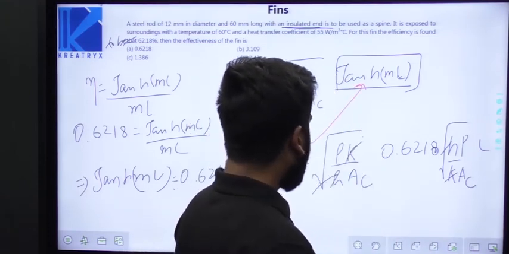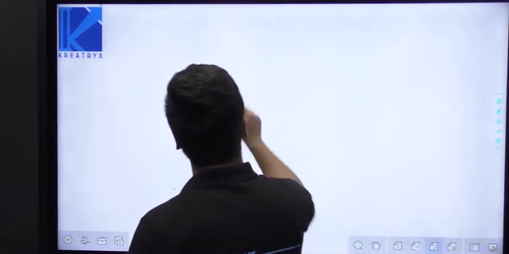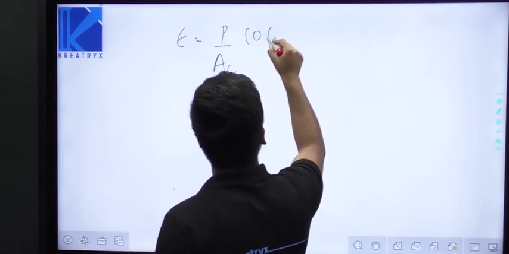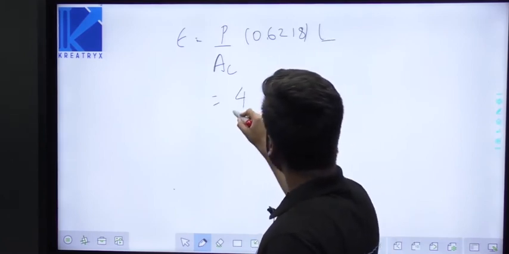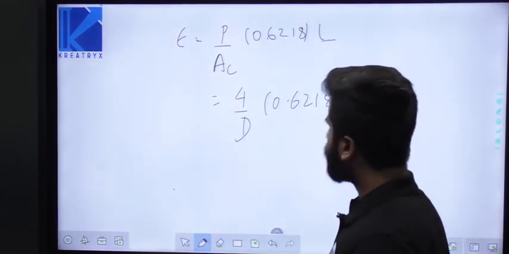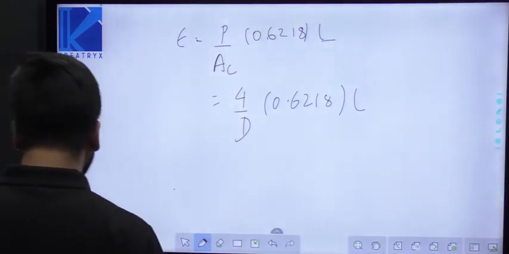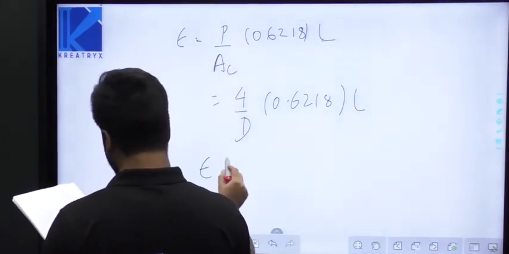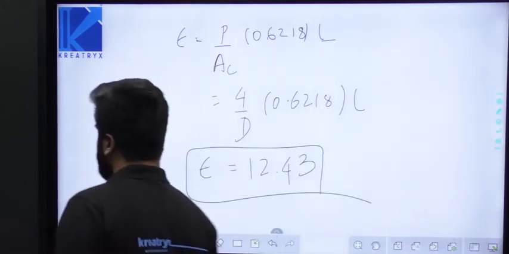It will be P upon Ac into 0.6218 into L. That is, effectiveness will be equal to P by Ac into 0.6218 L, and P by Ac will be 4 by d, I guess. Yes, 4 by d into 0.6218 L. You put the values. Diameter is 12 mm and length is 60 mm. You put these values and the effectiveness value will be 12.43. This will be the answer.